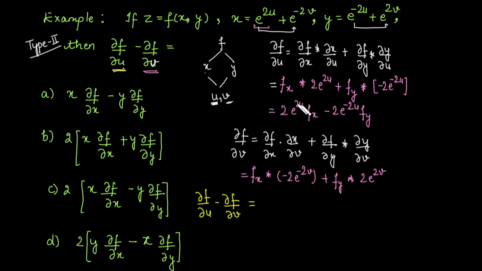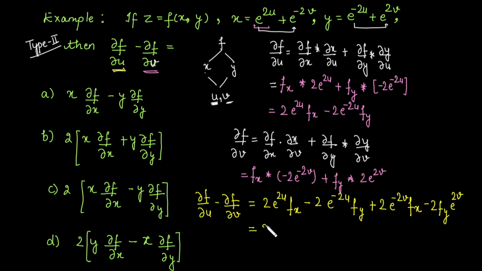This is equal to twice of e raised to power 2u partial derivative with respect to x, minus twice of e raised to power 2u partial derivative with respect to y, minus the negative of this one, that is negative negative is a positive, twice of e raised to power minus 2v partial derivative with respect to x, negative of this one is minus 2 times the partial derivative with respect to y into e raised to power 2v.